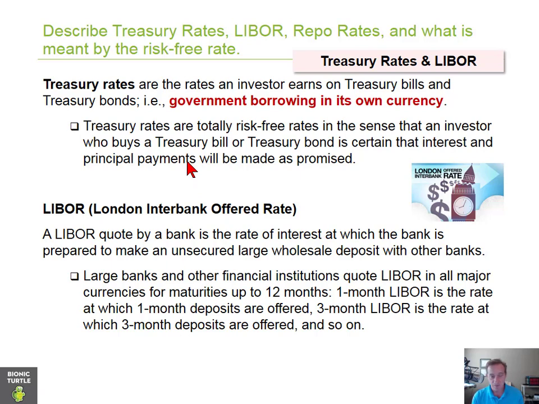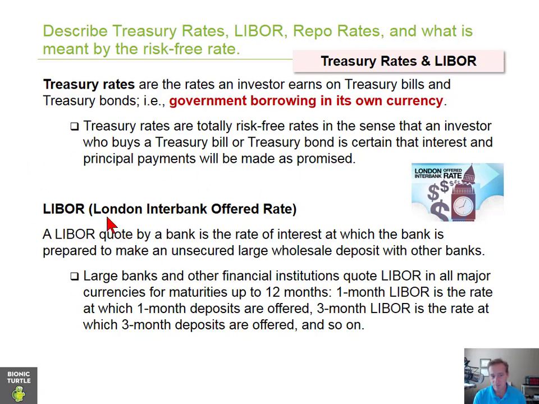And that's maybe the most common rate, but it's not the only treasury rate. A treasury rate is any government borrowing in its own currency, and oftentimes it's a proxy for the risk-free rate on the theory that a government isn't going to default. Now that's less assumed after the crisis than it was before.